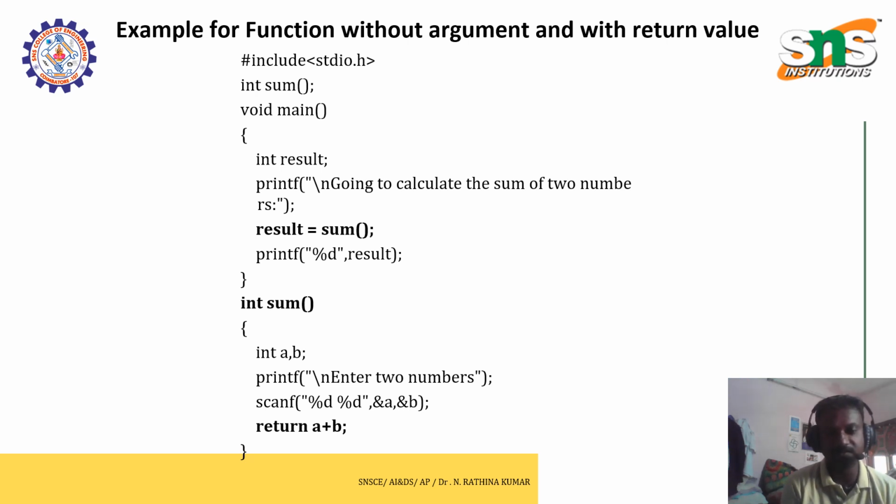Inside the subfunction, we declare two variables, a and b. We get the two values from the user, perform the addition operation and return the result to the main function. Now the value of a and b is added and the result is stored in the variable result. The next line is the printf statement, which simply displays the result to the user. Here the sum function doesn't have any arguments, but the subfunction returns the value to the main function. That's why it is called without arguments and with return value.